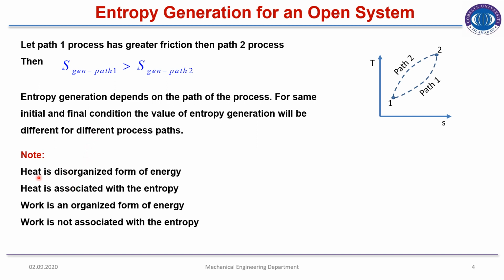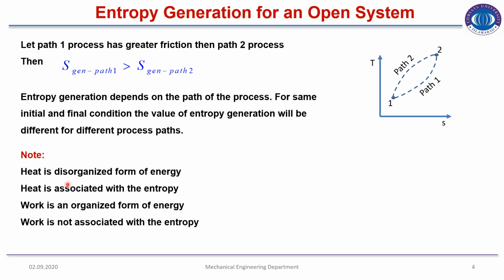So here a note is mentioned. The first point is that heat is a disorganized form of energy. We have already discussed these four terms. Here I will only mention them for revision, because entropy generation is directly linked to all these terms. Heat is a disorganized form of energy, and we know that the term entropy is coined from the second law of thermodynamics.